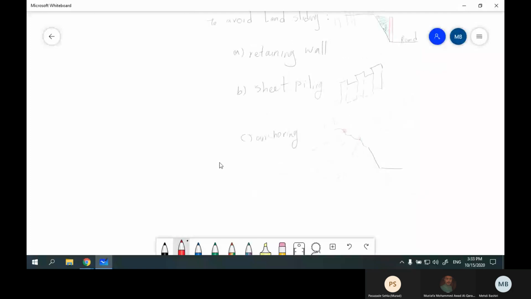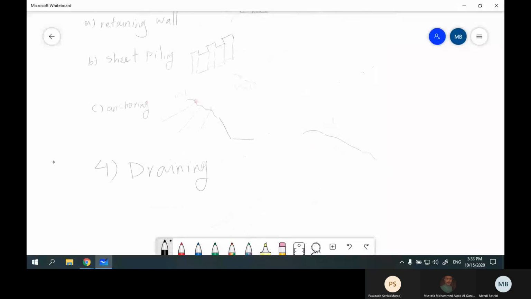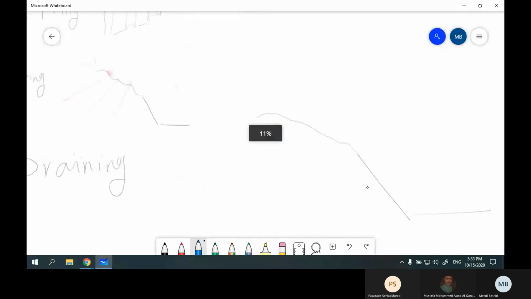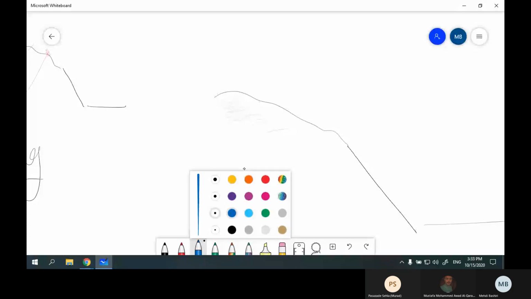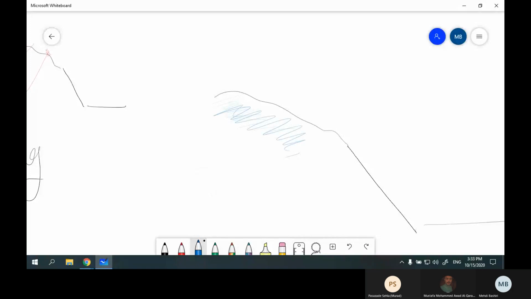The last method is draining. What is draining? As I said, this is the soil, and because of the water inside the soil, the potential for landsliding increases.